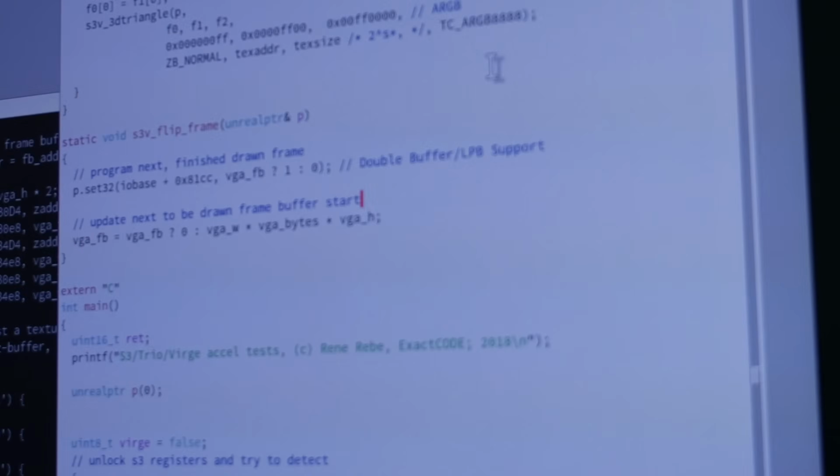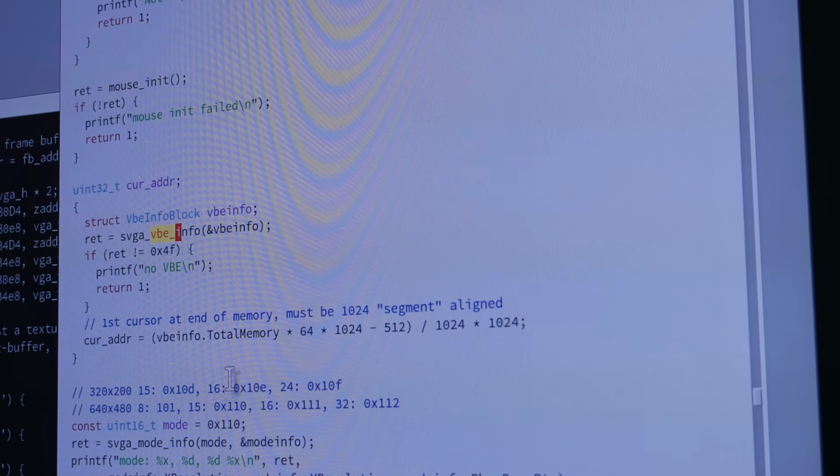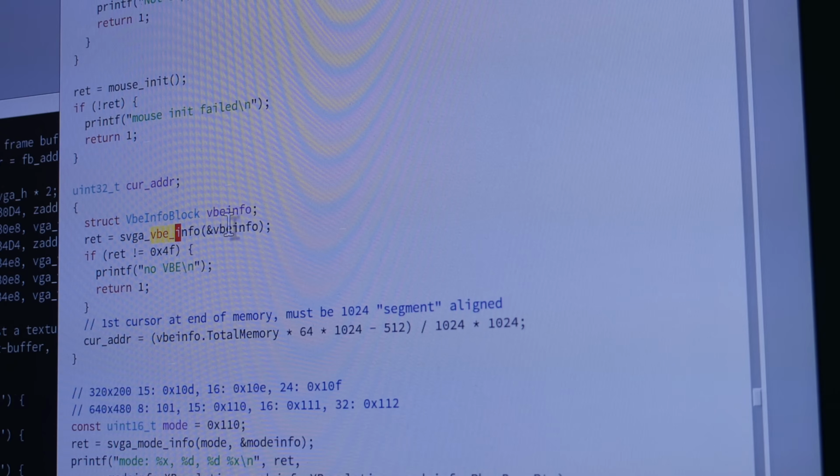So for the cursor, I now changed this here to call the VESA BIOS info that I also used already in this VESA BIOS extension test program. And this has a total memory, so we now set the cursor address to total memory. This is in 64K chunks, so we multiply this to have the real bytes.